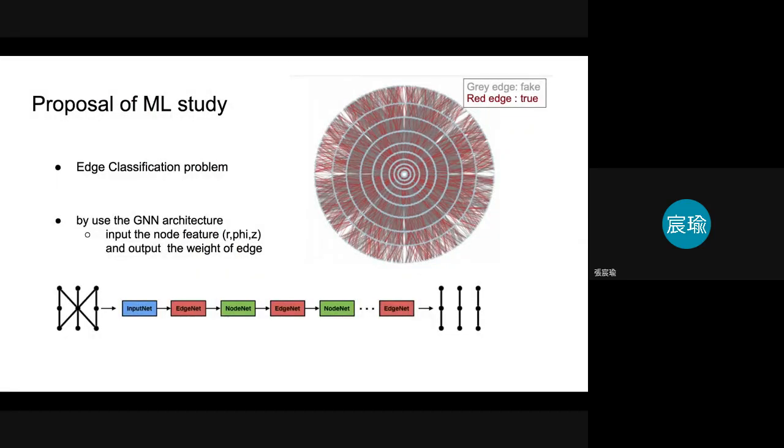Okay. This is our purpose for machine learning. We plan to use a GNN to classify the truth edge and fake edge. For the GNN architecture, we plan to input the node features, such as R, phi, Z, and the edge features, like d phi, dR, d phi, dZ.